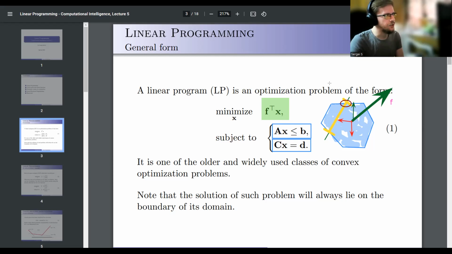What is very important here is that a solution cannot lie in the interior of the domain. Why? Well, imagine if this was a solution, as long as the domain is not trivial, so it has more than one point.